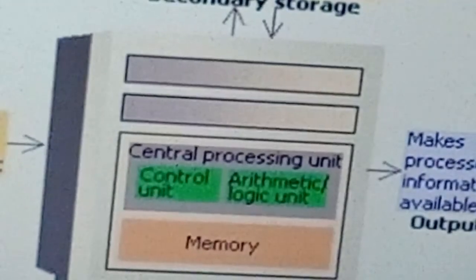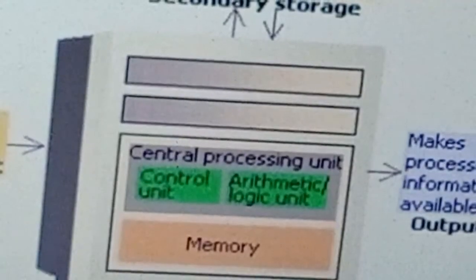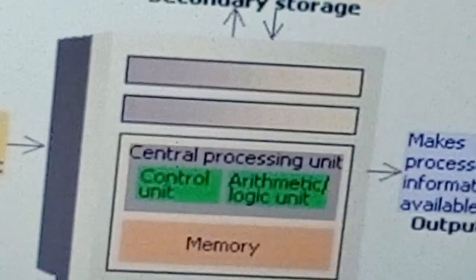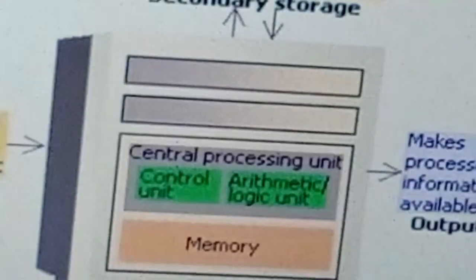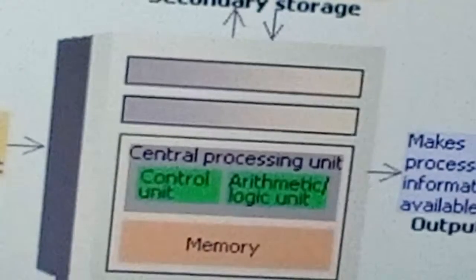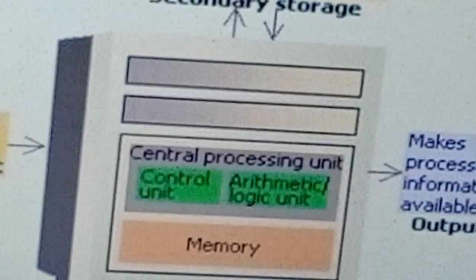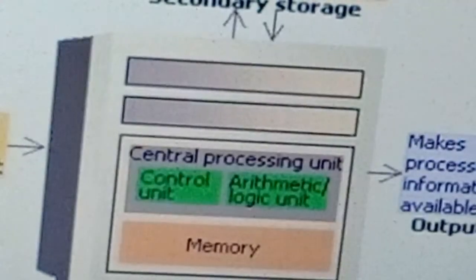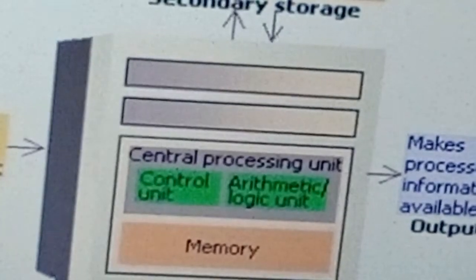Like our human brain, memory is a storage space. Same for the computer, it is a storage space, a physical device which holds data or programs permanently or temporarily. Permanent is secondary storage and temporary is primary storage.